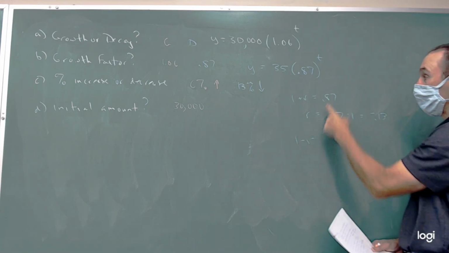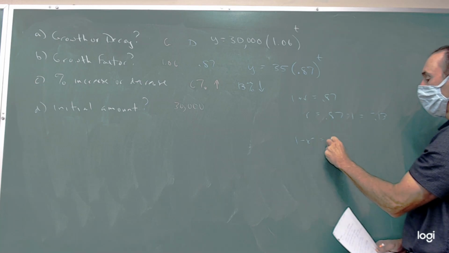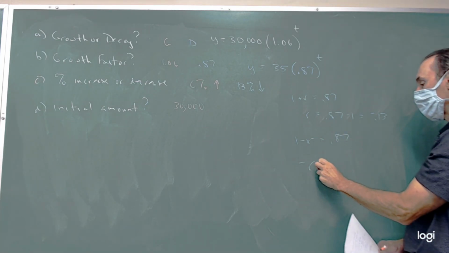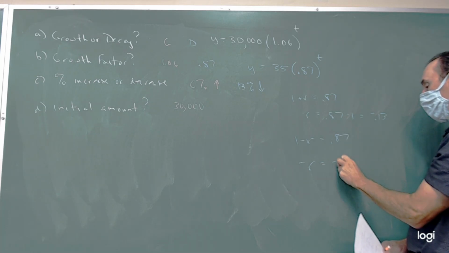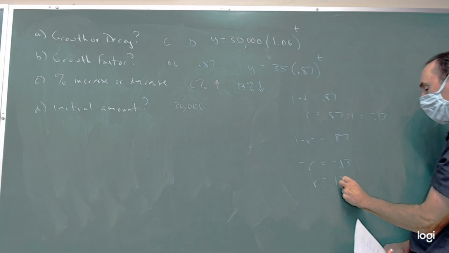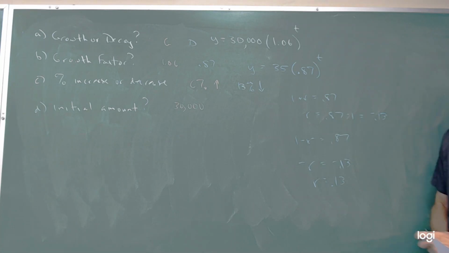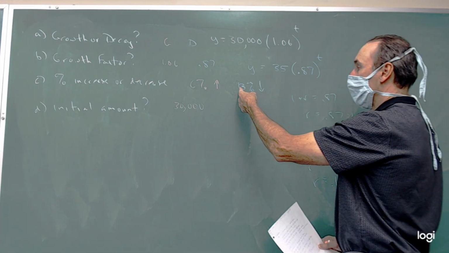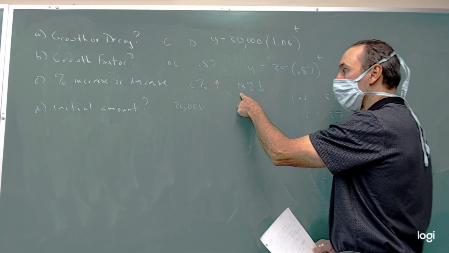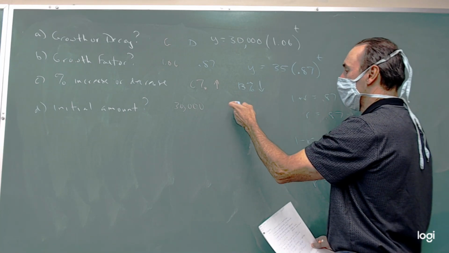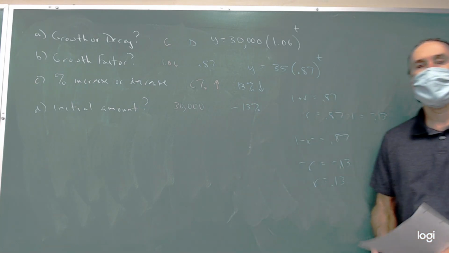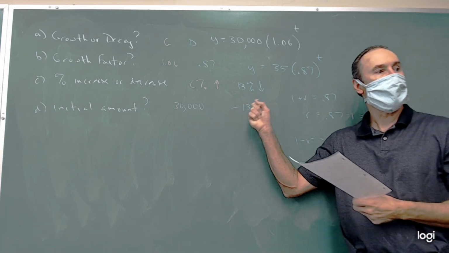Alternatively, because that's less than 1, you can call it 1 minus r, and then you get a positive number for r, either way. So you can say it's decreasing by 13%, or that the change is a negative 13%. Just be careful you don't say it's decreasing by negative 13%.